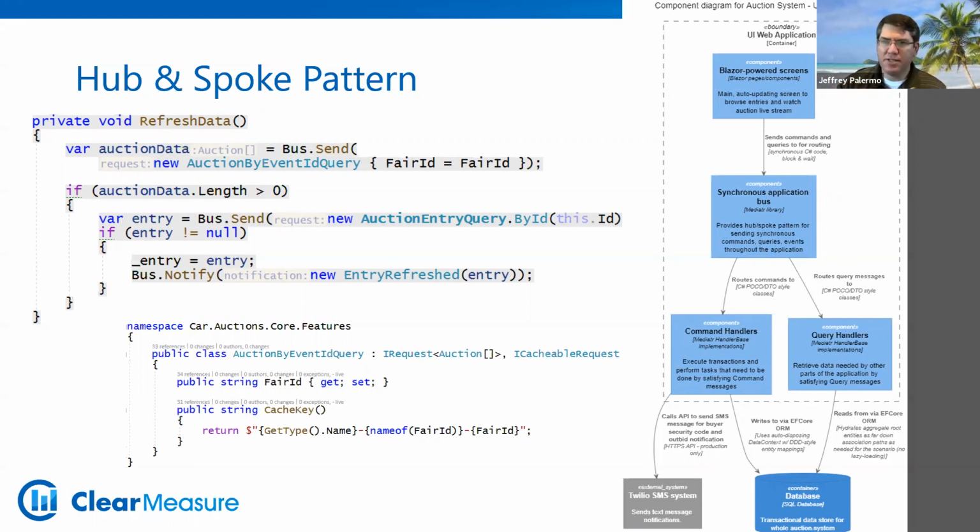So with Blazor server side, you need to give yourself your own hub and spoke pattern. Let's say your application grows to have 100 screens. If you were to draw them on a whiteboard, all 100 of those screens need to communicate to one hub, one interface, when asking the application what to do.